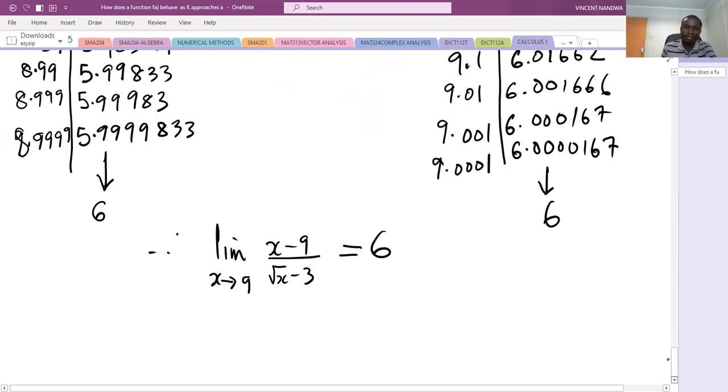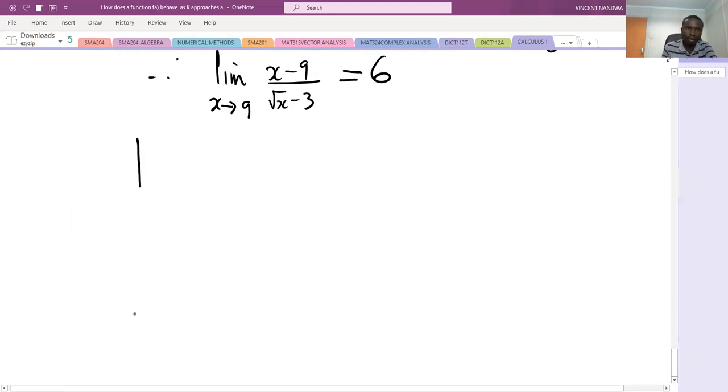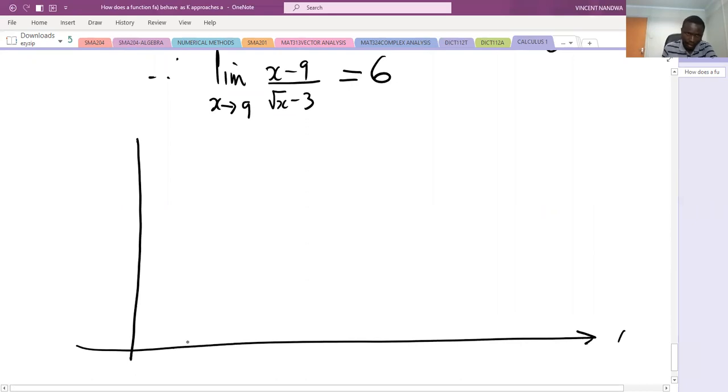And on a graph, if you sketch the graph, say this is x, with 3, 6, 9, 12, 15, 18, 21, and this is y.